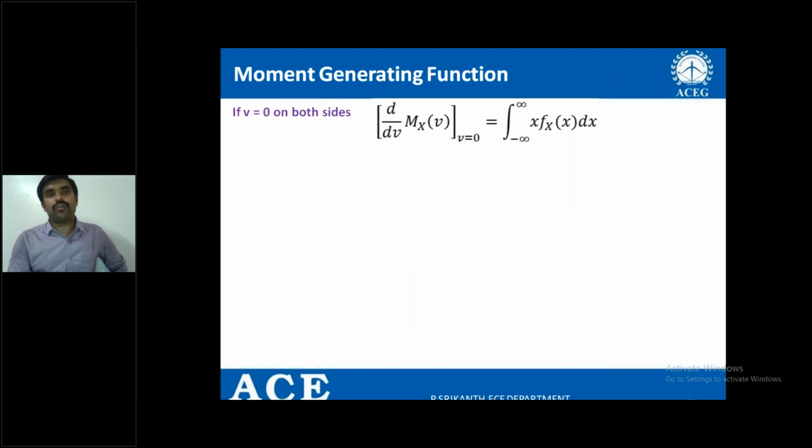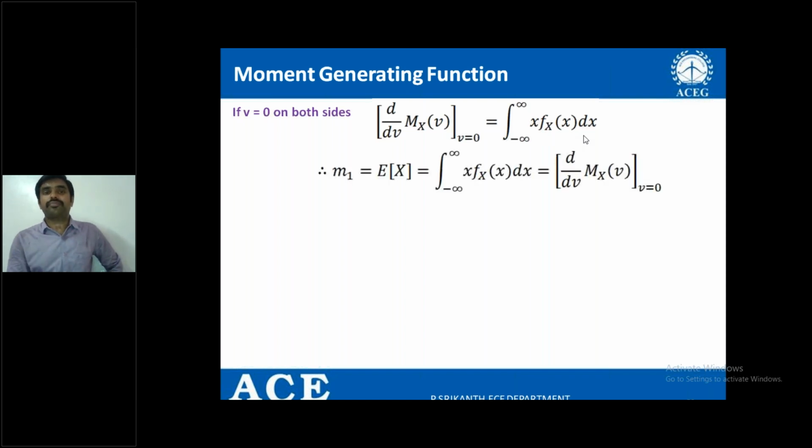If I apply v equal to 0, d by dv of mx of v at v equal to 0 will be equal to the integral from minus infinity to plus infinity, where earlier we had e power plus vx. Here, when v equal to 0, e power 0 will be equal to 1, so 1 into x into fx of x dx, right?